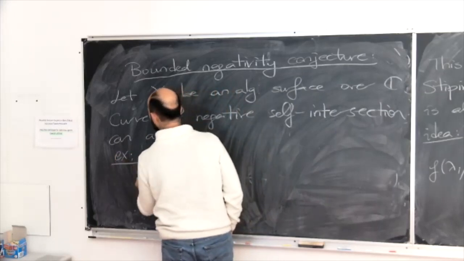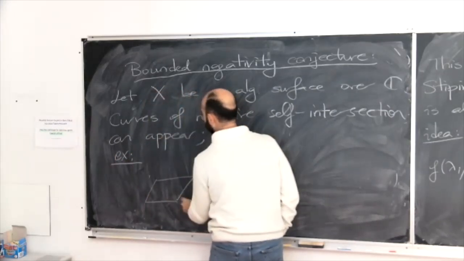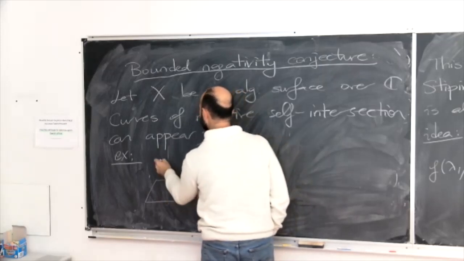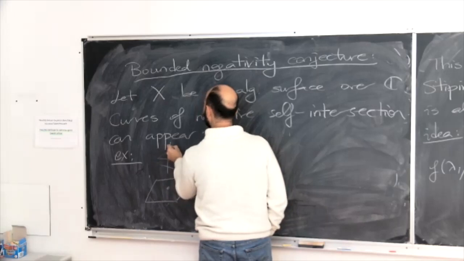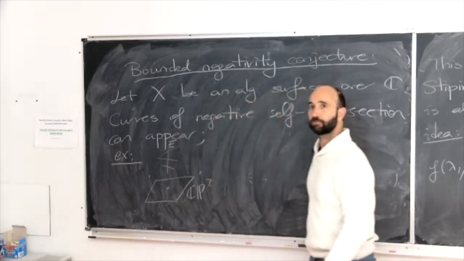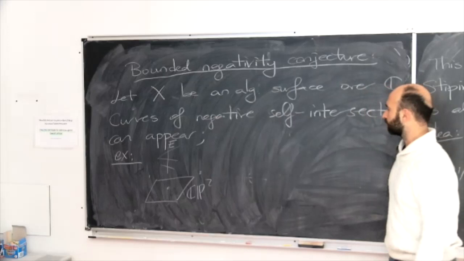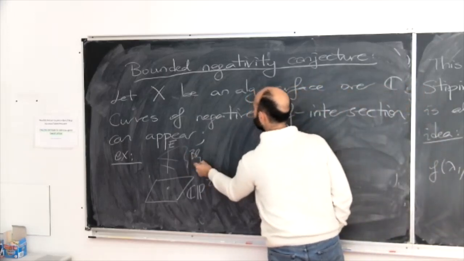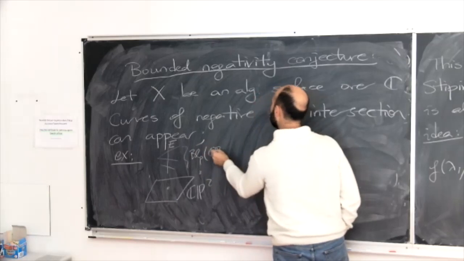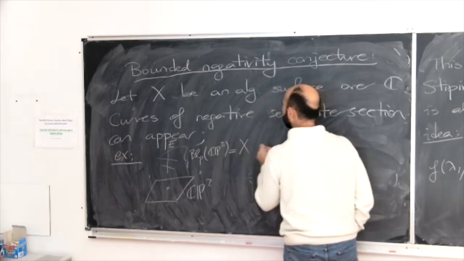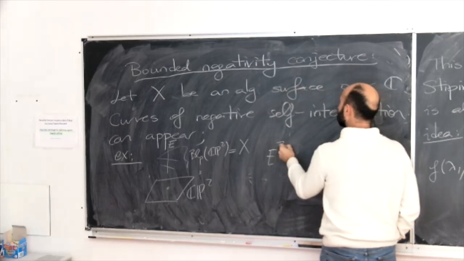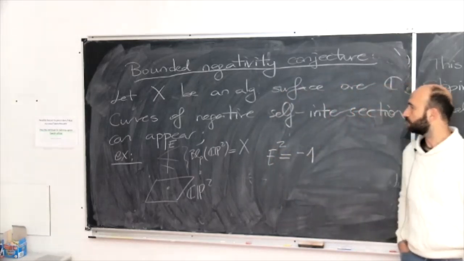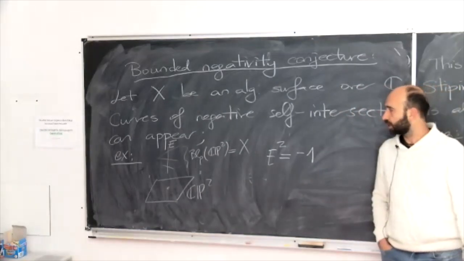For example, if you just blow up one point in CP2, just as we discussed, you have an exceptional divisor, and this exceptional divisor in this blown up surface, let's say this is X, has self-intersection -1. This is one of the maybe most classical examples.